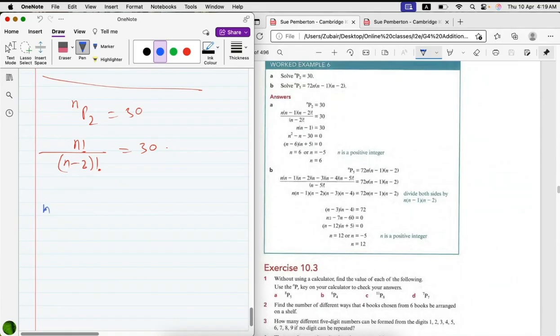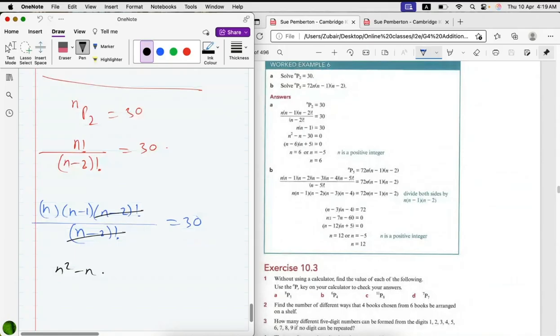First number must be n. The other is 1 less than n. n times (n minus 1) times (n minus 2) factorial over (n minus 2) factorial is equal to 30. Now we get rid of this. So that's n squared minus n minus 30 is equal to 0.